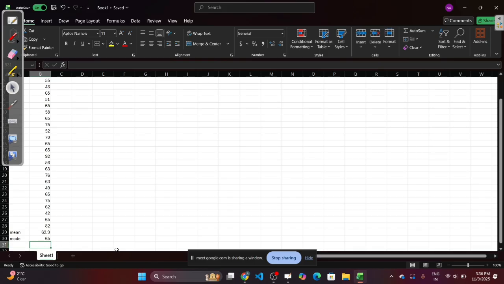Then you write mean minus mode here. You can make a separate table here, absolute and relative.